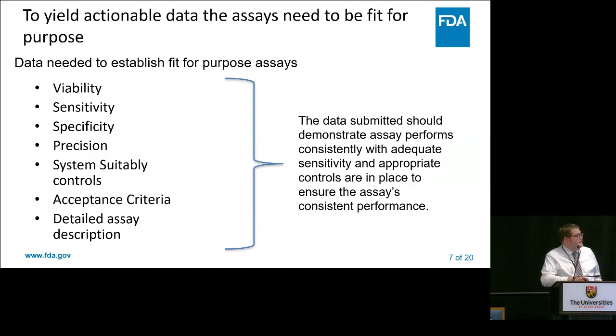And as we've seen, these are the important, minimal parameters that we assess in order to determine if your assay is fit for purpose: viability of the cells, sensitivity, specificity, precision, system suitability controls, acceptance criteria, as well as a detailed assay description. And all of this submitted data provides the underlying demonstration that your assay is performing consistently and with adequate sensitivity, and has the appropriate controls in place to ensure the assay's consistent performance.